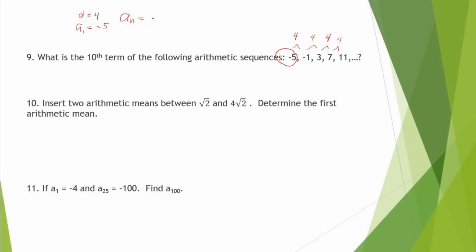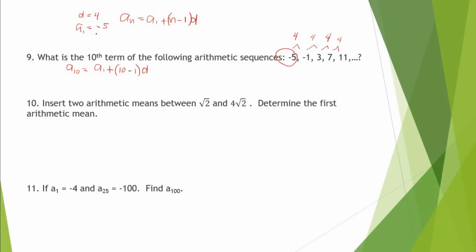To determine the nth term, we can simply use the formula a sub n is equals to a1 plus n minus 1 times d. So we can have our 10th term is equals to a1 plus, with n equal to 10, minus 1 times d.